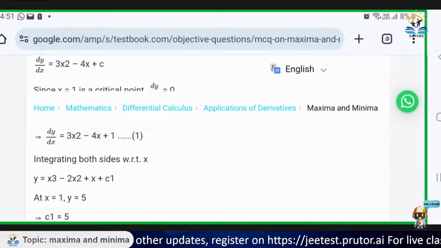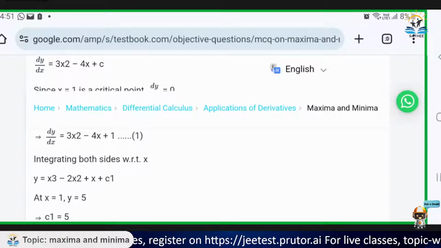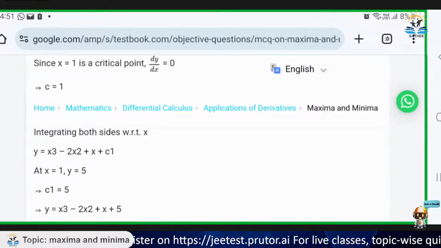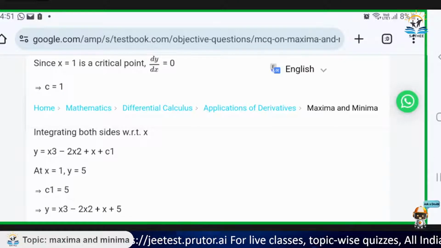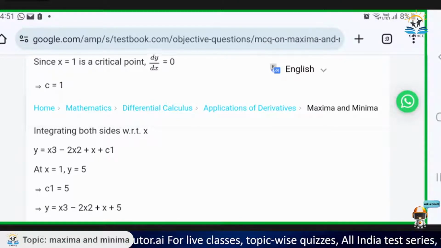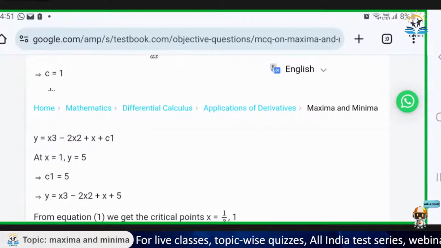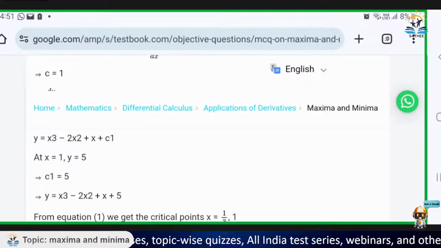Now we substitute x equal to 1 in this equation, and the value of y as 5 by the given conditions. After substituting these two values, we get c1 equal to 5. So we finally get f of x equal to x cube minus 2x square plus x plus 5.